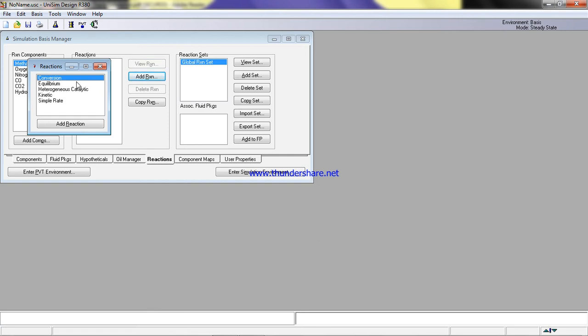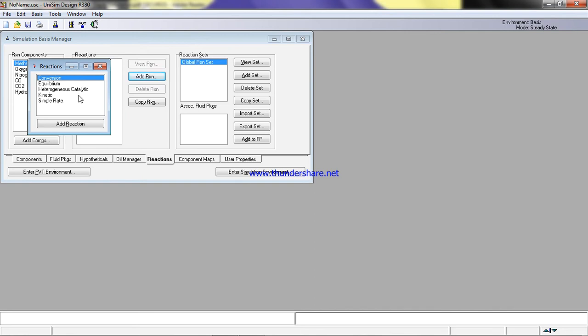If it is research where you need to consider the kinetic parameters, activation energy, a pre-exponential factor, and the rest, you make use of catalytic reaction. And if the reaction is in equilibrium, forward and backward, use equilibrium, and then kinetic, simple rates like that.